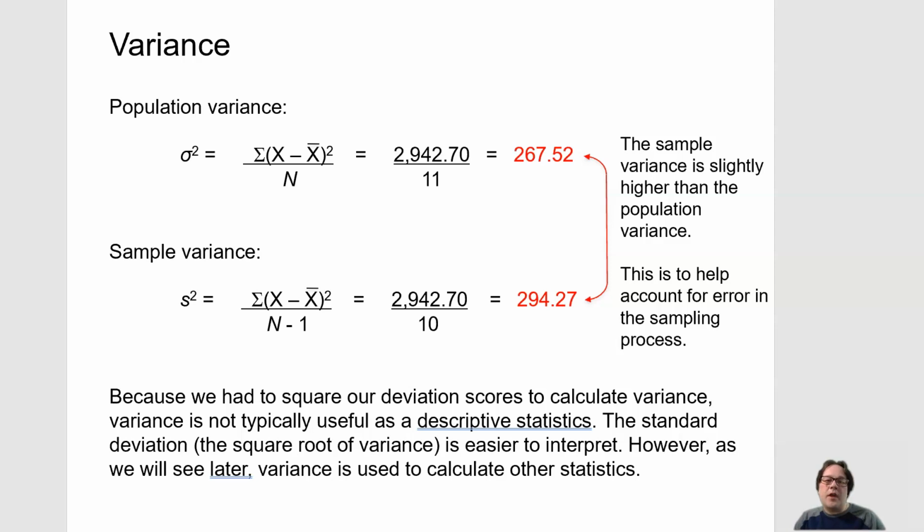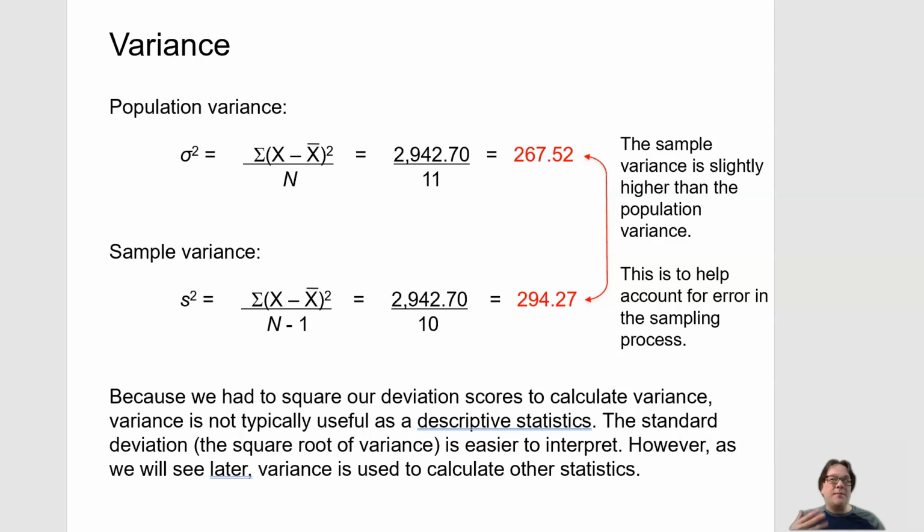Okay. So, as I was saying, because we had to square our deviation scores in order to calculate variance, variance is not typically used as a descriptive statistic. Why? Because it's more difficult to interpret. What we were just interested in calculating was, on average, how far away is each score from the mean.